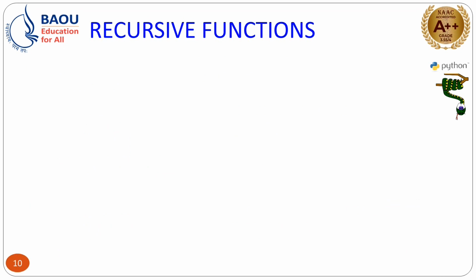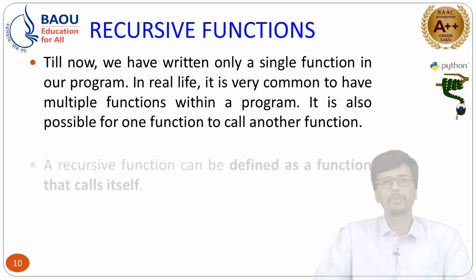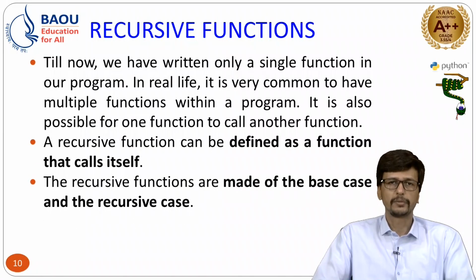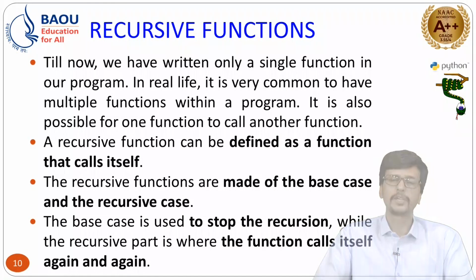A function that calls itself is called a recursive function. This concept is the same as in any other programming language. Here you have to consider two parts: one is the base case, another is the recursive case. The base case is the condition you mention if you want to stop the execution of the recursive function.